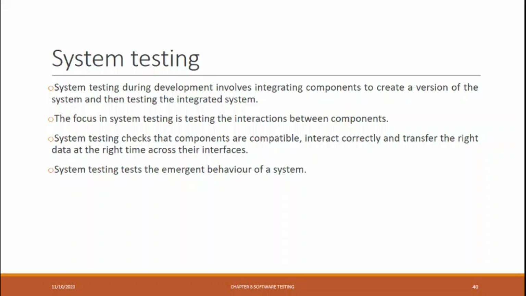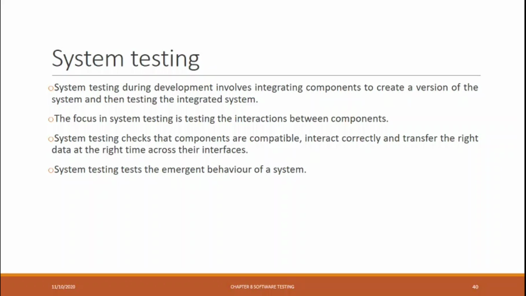The focus in system testing is testing the interaction between the components. System testing checks that the components are compatible, interact correctly, and transfer the right data at the right time across their interfaces. When you design a system, there is nothing but an application.